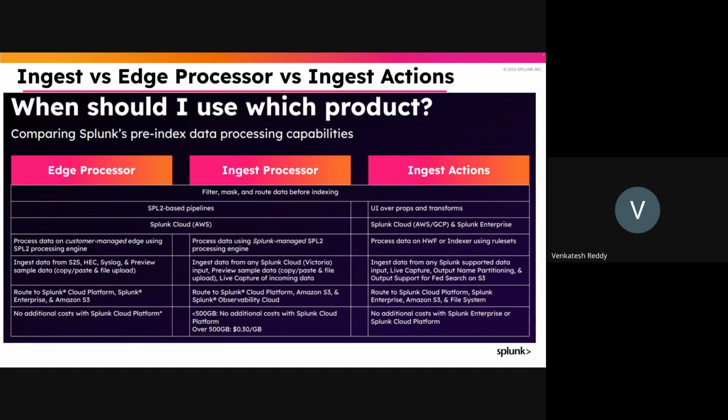So when can we use these three solutions? For example, if you look at Cisco or Palo Alto data, we have lots of data because we bring these Cisco and Palo Alto logs through syslog. When you bring it through syslog, it adds a time prefix to the data and then sends it to the indexers.